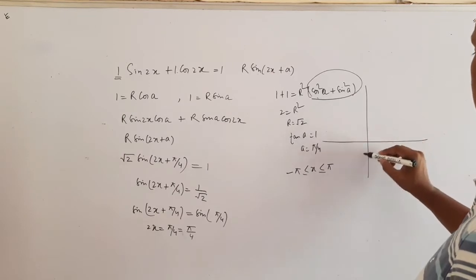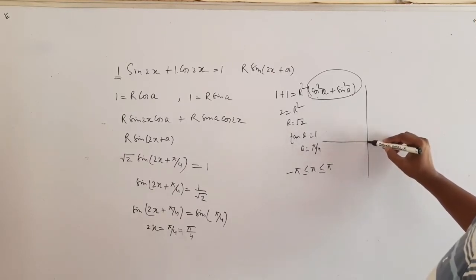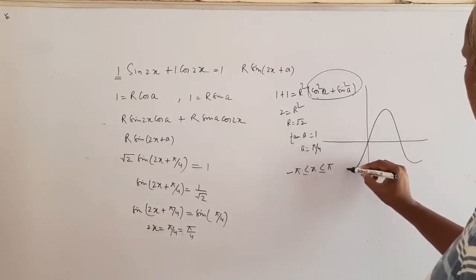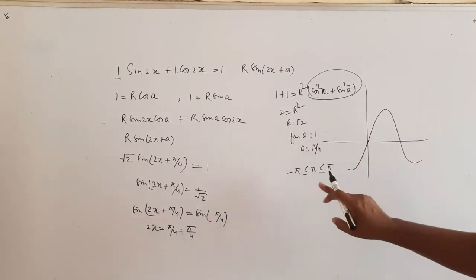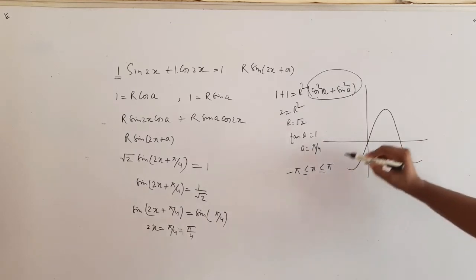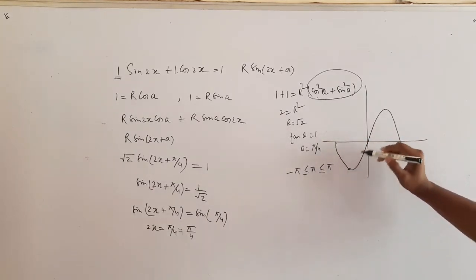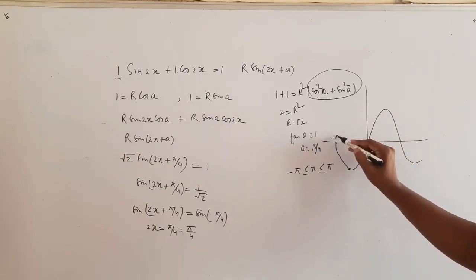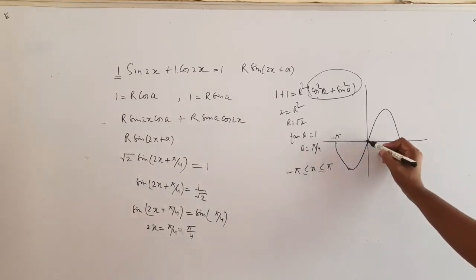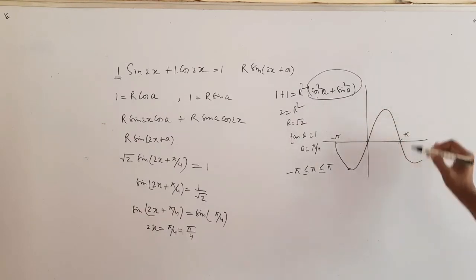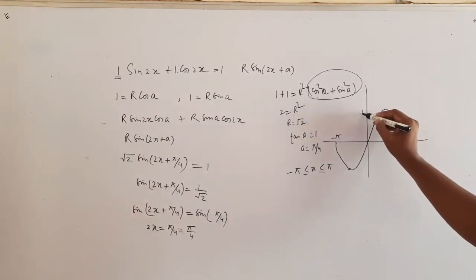Now, this is our sine graph. It goes like this on this side and here. So we have to go for minus pi. So this is minus pi, this is 0, and this is positive pi.